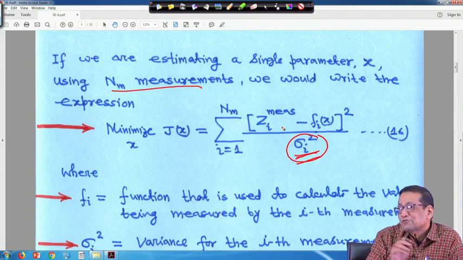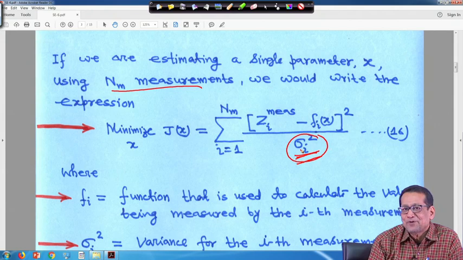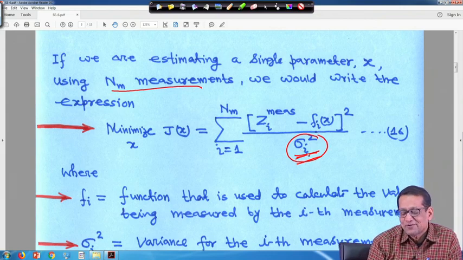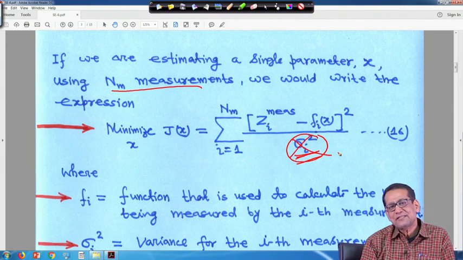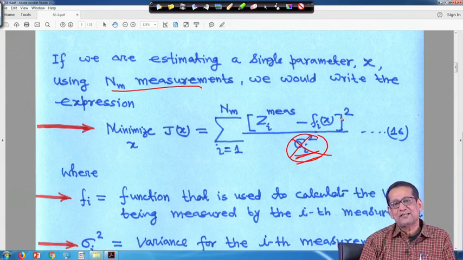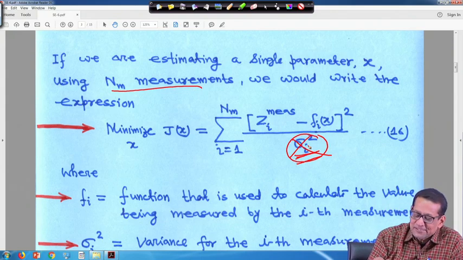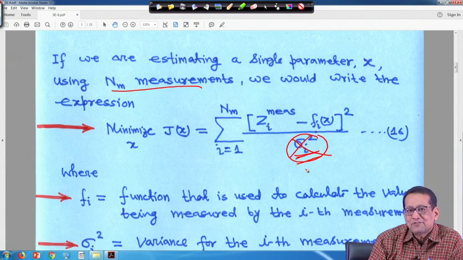Why? The answer is very simple, but why is this function divided by sigma_i square? I should not have given that, I should have taken simply the squared error, but we have divided it by sigma_i square. So, what is the reason?